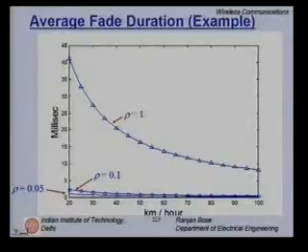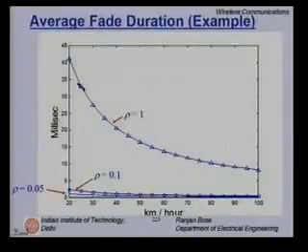Even though as you increase the vehicular speed, the level crossing rate increases, on an average the duration of fade decreases. So, it is good news. A vehicle traveling at a faster rate will have less burst errors. It is somewhat intuitive also.